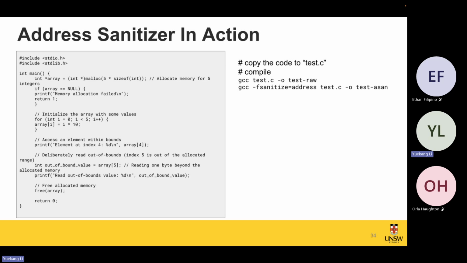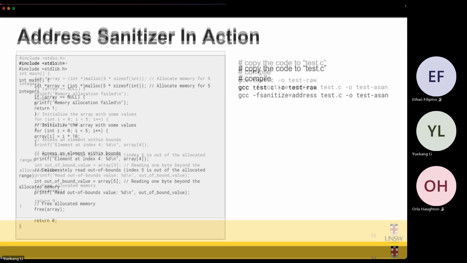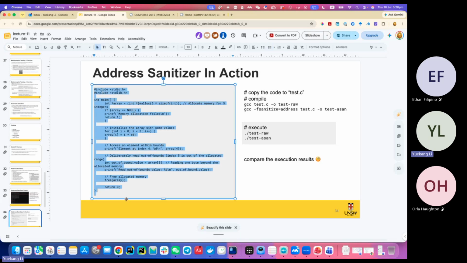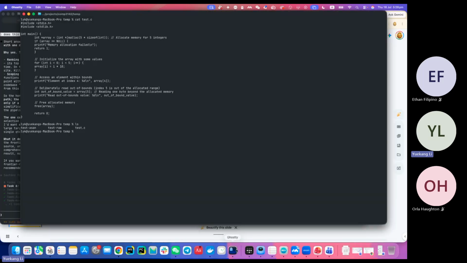Now let's see how address sanitizer works by showing you a demo here. If you are using a MacBook or a Linux system, you can follow me. You can just copy paste the content of this file into a C file.